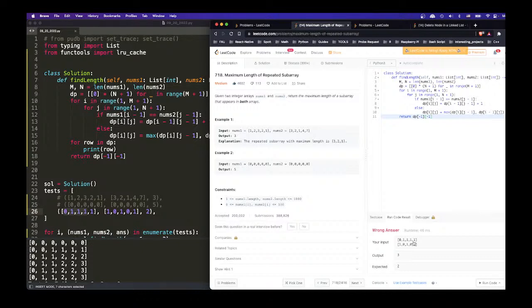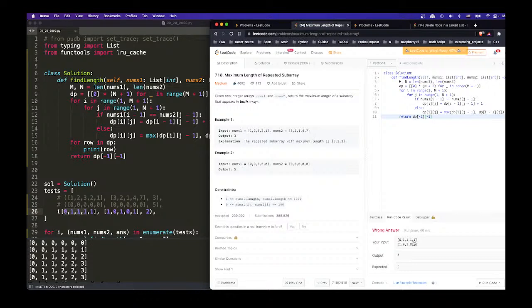Okay. Now we do subarray. How do we do subarray? But I can do something similar, right? It's like LCS, but no, it's not the same.